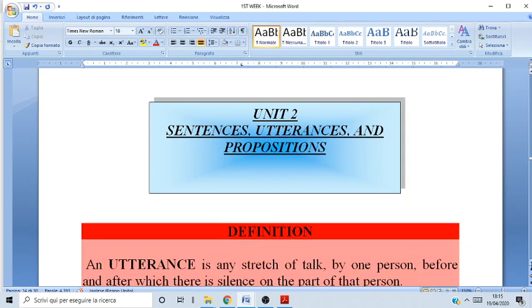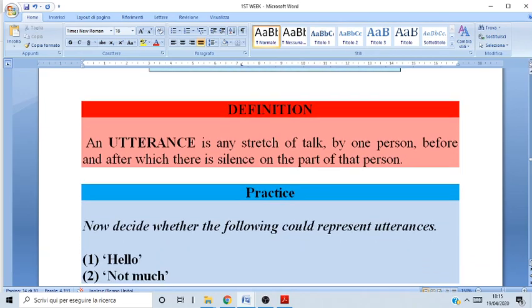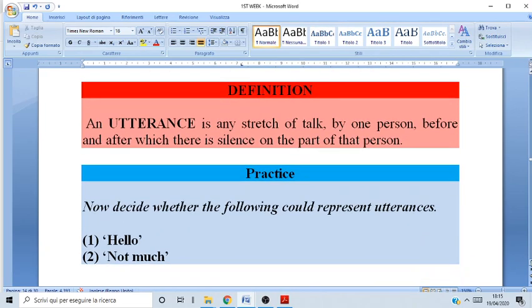Unit 2, sentences, utterances, and propositions. This unit starts with a definition. An utterance is a stretch of talk by one person before and after which there is silence on the part of that person.